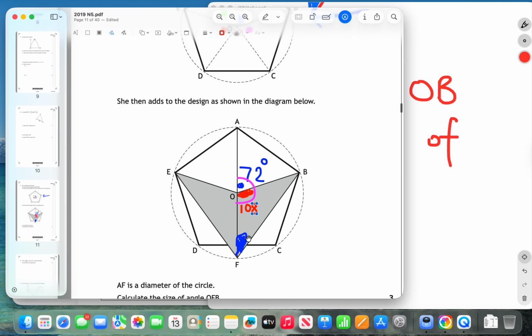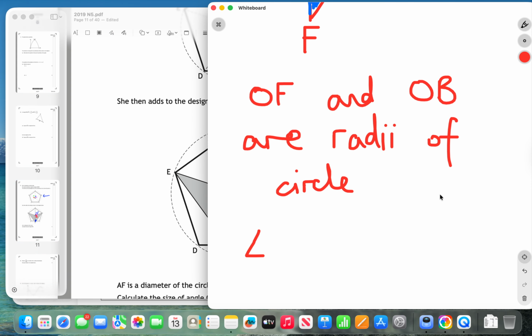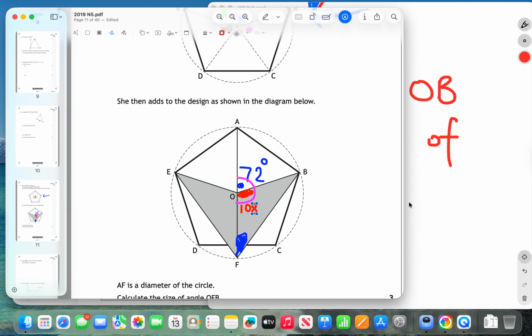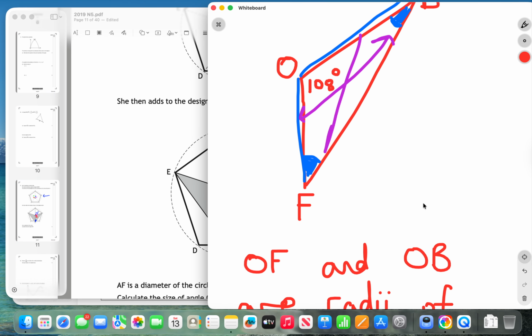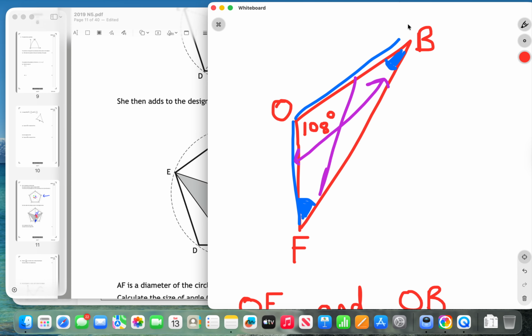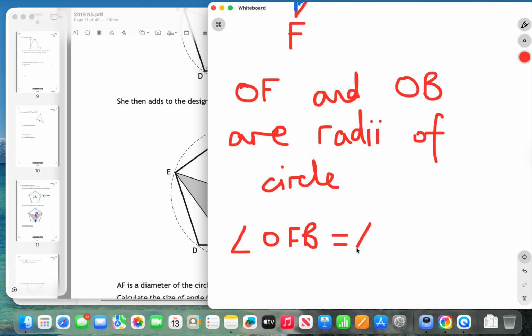So we know that angle OFB, which is the one we want to find, is equal to OBF. OBF is this one and OFB is this one. So they are equal to each other.